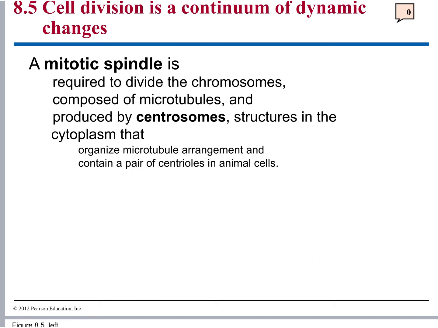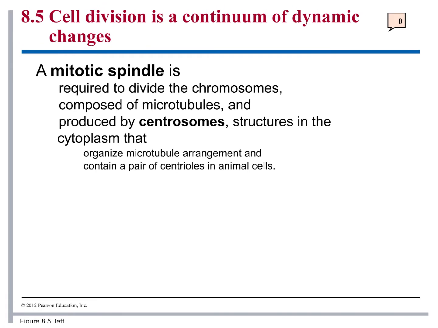You can think of the mitotic spindle as being like a Velcro glove, where it's going to attach to the chromosomes and pull those chromosomes away from one another. The mitotic spindle is composed of proteins called microtubules. And those microtubules are produced by organelles inside of the cell called centrosomes. I'll show you a picture here in a second.